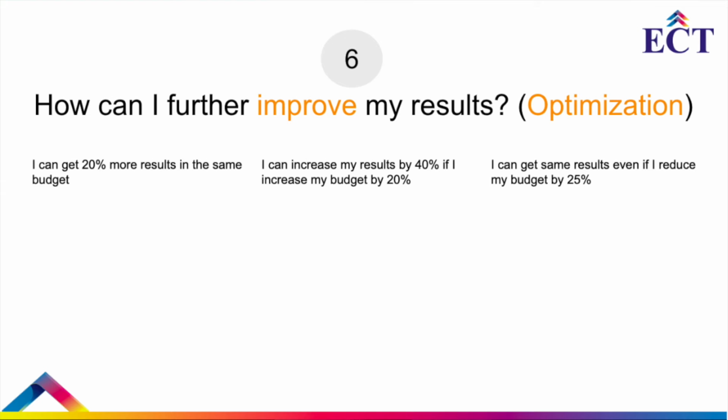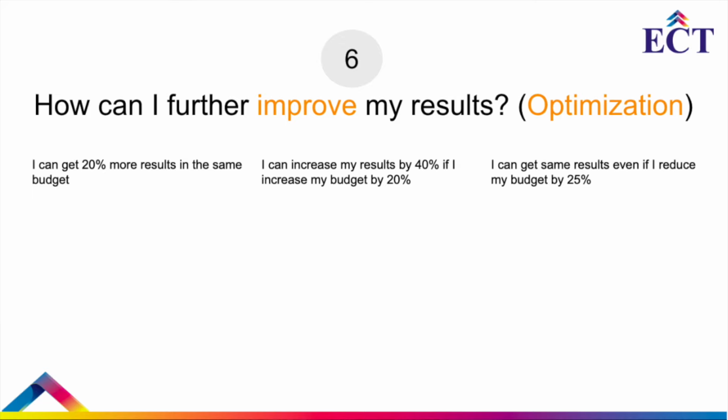Now let's discuss the 3 ways that you can think of improving your Google Ads campaign results. Again, you can say, for example, I can get 20% more results in the same budget. Or the second possibility could be, if you increase your budget by 20%, then your results could improve by 40%.